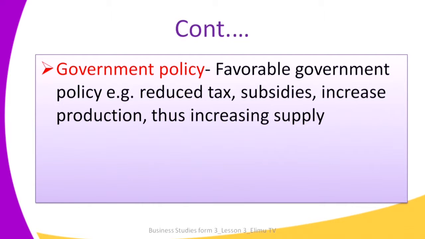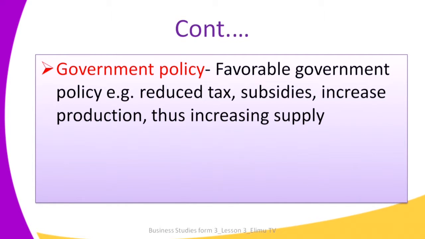Now, if the government caters for some part of the production cost, what happens is that the price of that product goes down, or the cost of production decreases. And therefore, the producer is able to produce more and also lower the price.